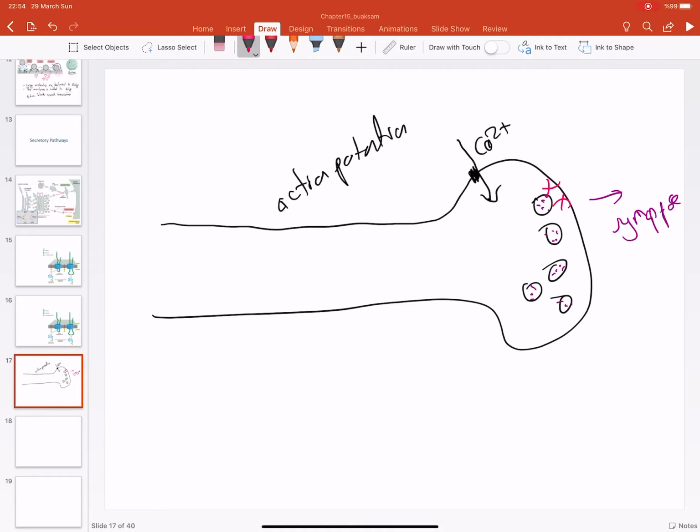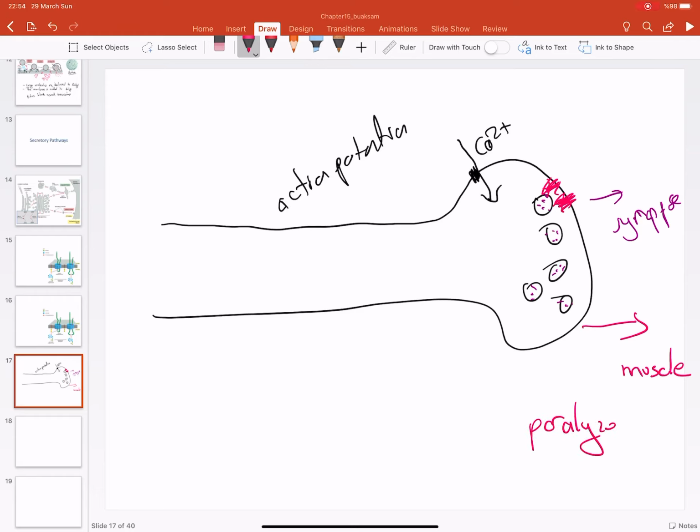Of course, if there is no snare protein, no transmission, the next target cell, which can be another neuron or which can be a muscle, will not work.